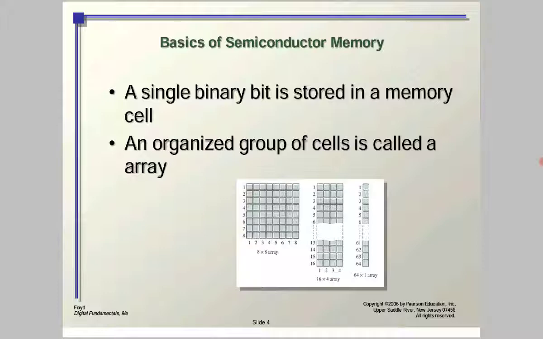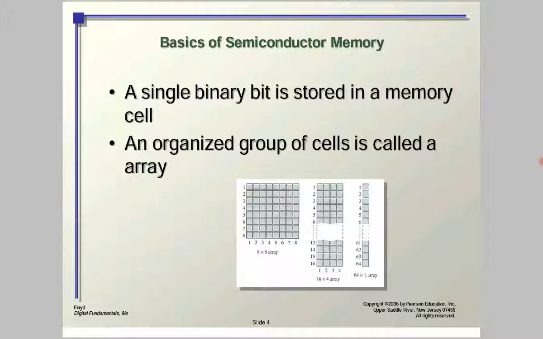A single binary bit is stored in a memory cell. An organized group of cells is called an array. Generally inside a computer's internal memory, data or information is stored as a continuous series or collection of bits to represent various data like characters and programs.